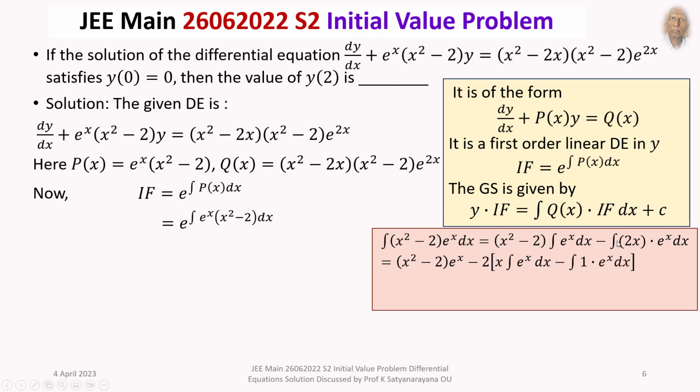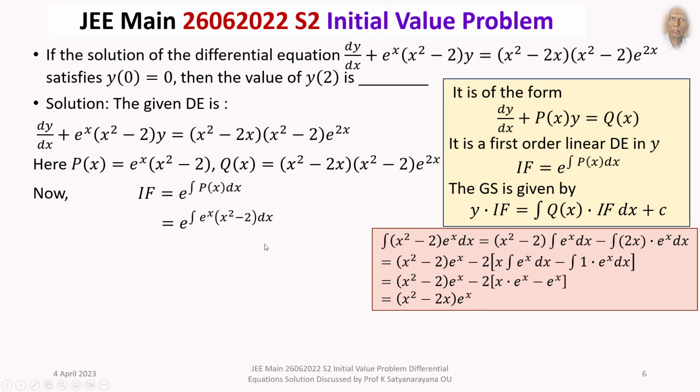After applying the integration by parts for this integral, we get this one. Then, after the integration, we get this, and minus 2 e power x and minus into minus plus 2 e power x, they cancel, and we get (x square minus 2x) in brackets into e power x after the integration.